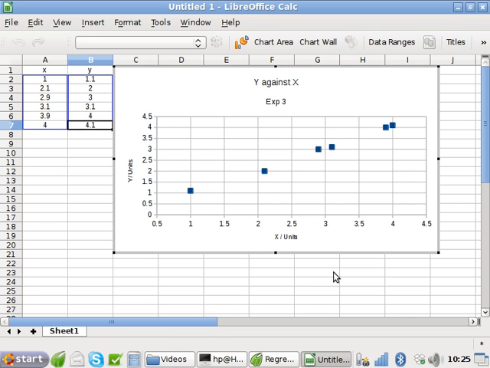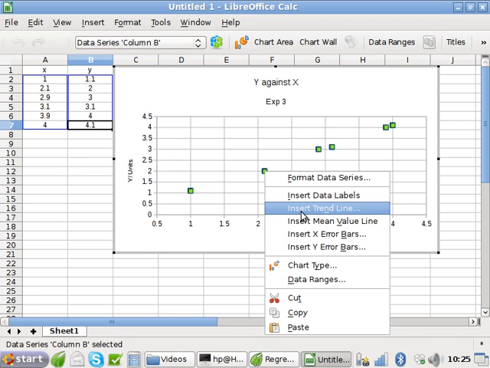Right, so this is your graph. Look up. Everything here is what you need. What you're missing now is the straight line. Excel can put in the line for you.